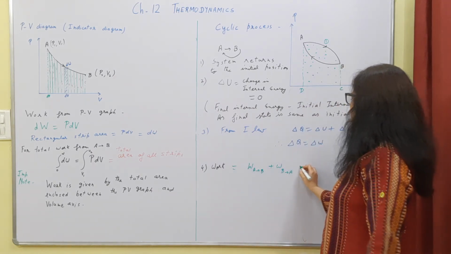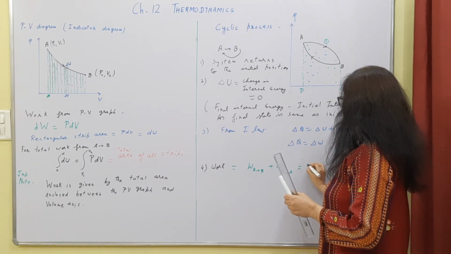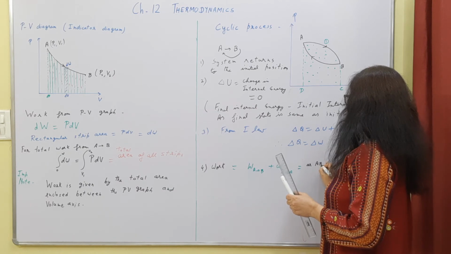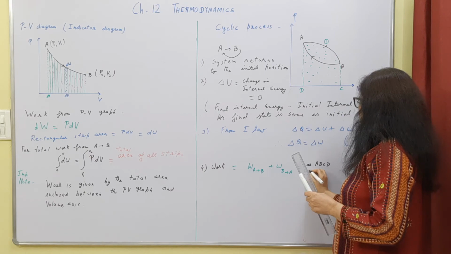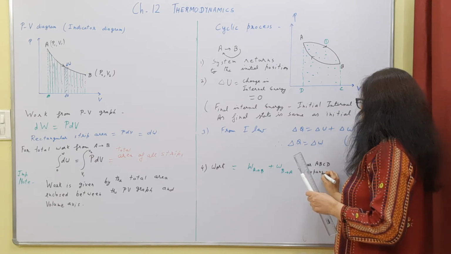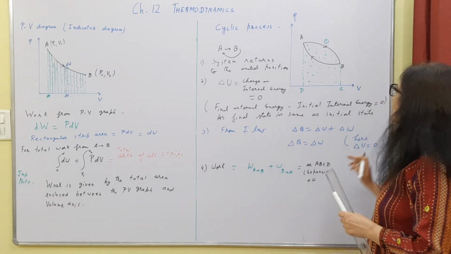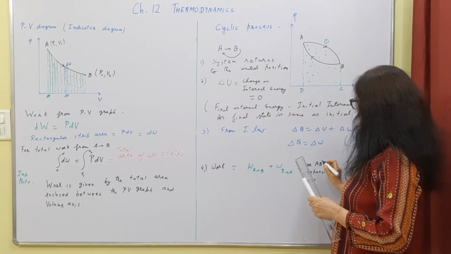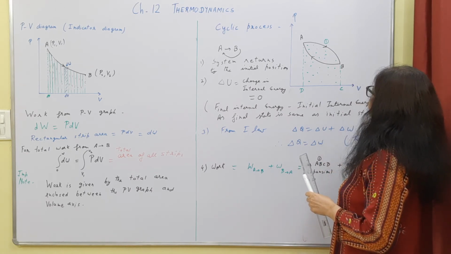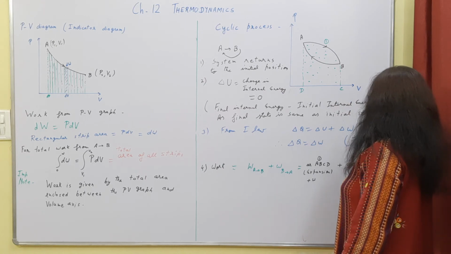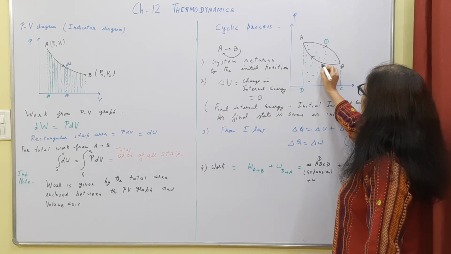Work done in the A to B process will be the area ABCD, that is during this expansion. So this is positive work. This is path 1, and then we have area BCDA, and this is path 2.